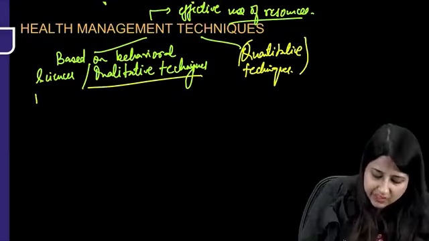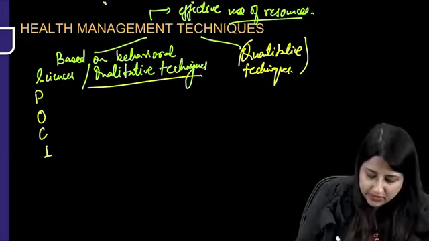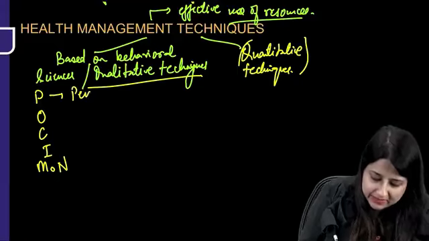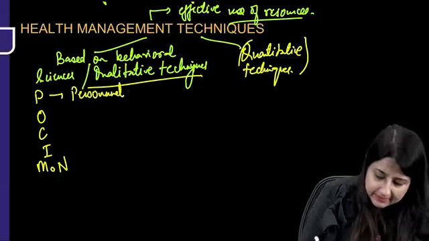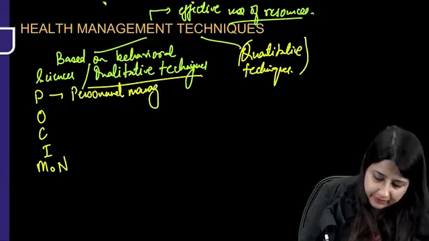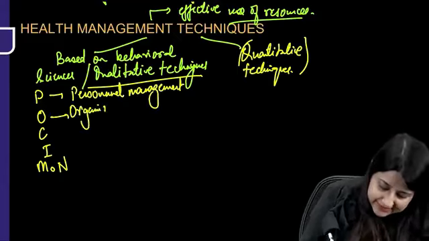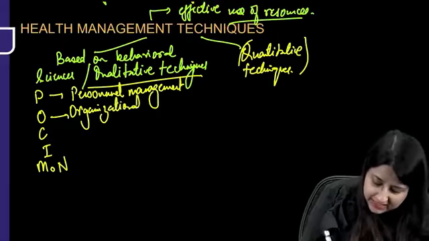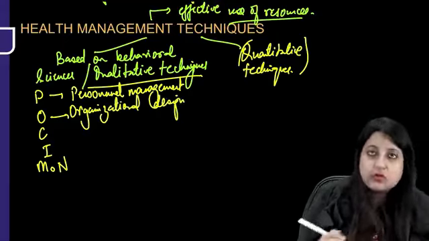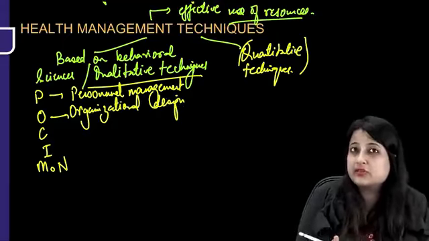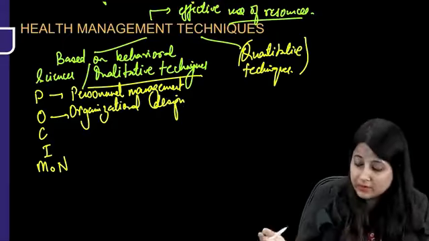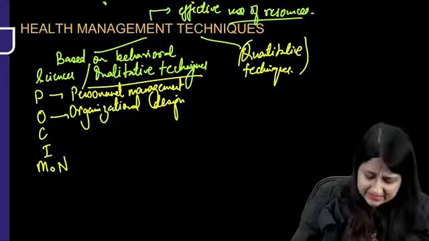In this, what is the mnemonic I have given you, which you will remember? Pokemon. So what is P? P say personal management. O say organizational design. You at least have to know the names, guys, because they ask you which of these methods are based on behavioral sciences, or which one is not based on behavioral sciences, something like that.